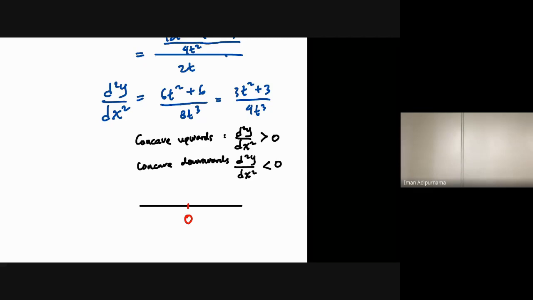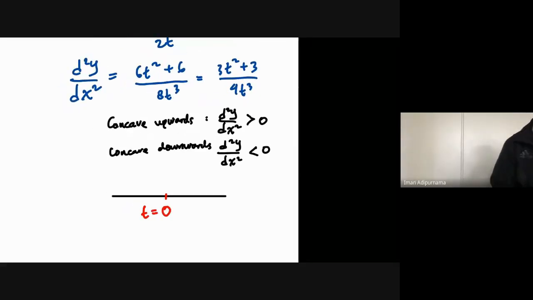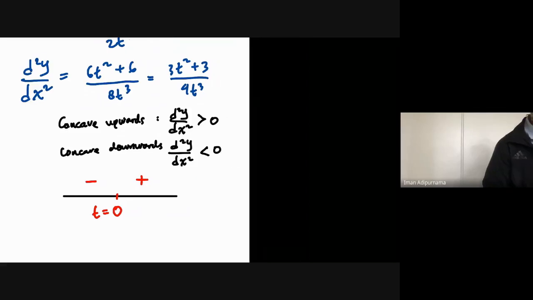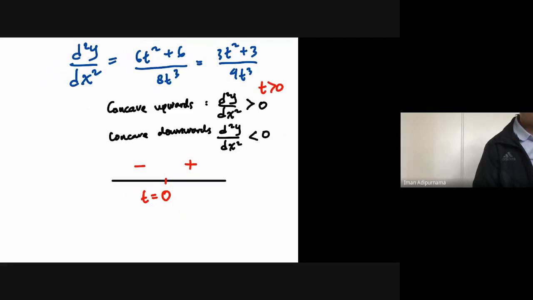If it is positive t, it's positive, right? If this is negative t, because of the cube, it will be negative, right? Okay, got it? This is t, okay? So this will be positive and negative. So concave upwards is t greater than 0, and concave downwards is t less than 0.